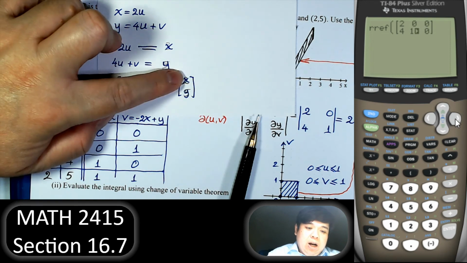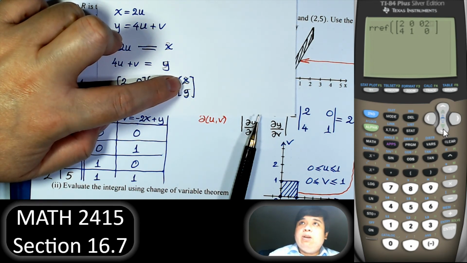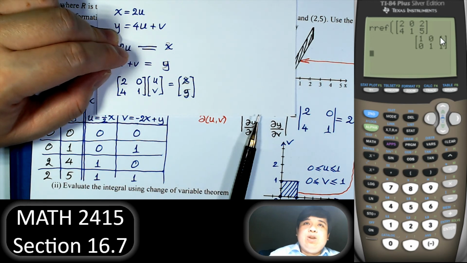On the last column, we're going to put x and y. Let's say 2 and 5. So we have u equal to 1, v equal to 1. So that's what we have here.